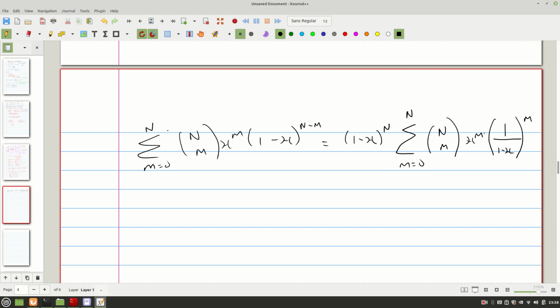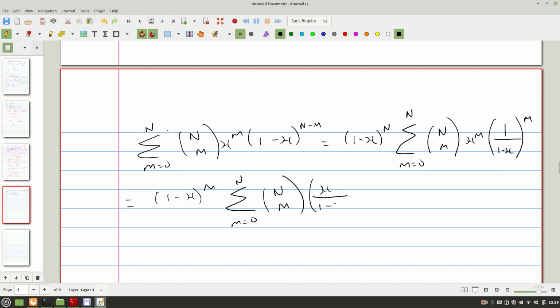But we look at this. Actually, let me write it in its proper form so that we can see it much clearer. If we say 1 minus mu to the n times the summation from m equals 0 until n of n choose m, mu over 1 minus mu to the m.